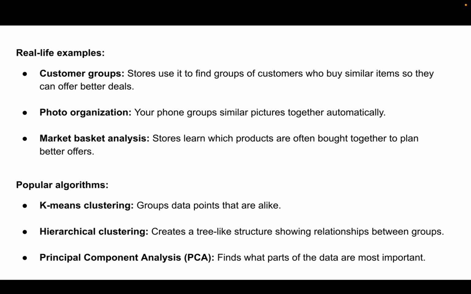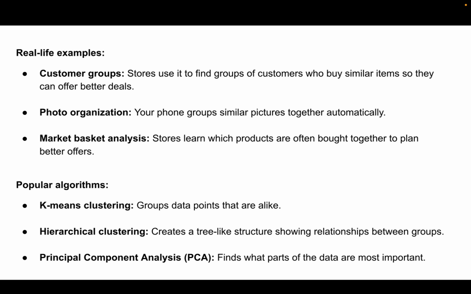You've seen this in Google Photos. Like they have made groups for just the sky or just the food or just the animals. In market basket analysis, stores learn which products are often bought together to plan better offers.